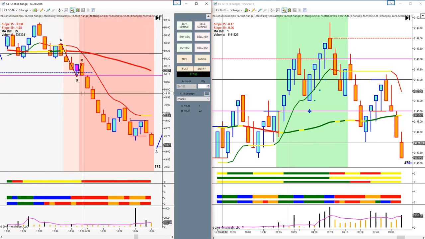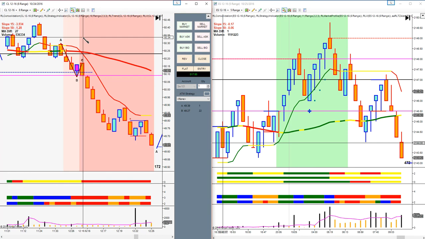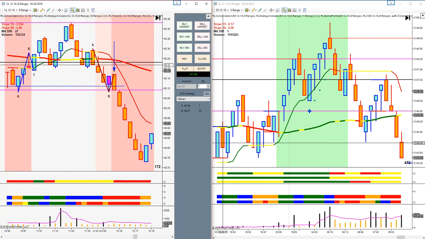And here is your perfect transition zone trade. And I'm going to show you our transition zone spreadsheet right here. The pullback occurs on the zone.